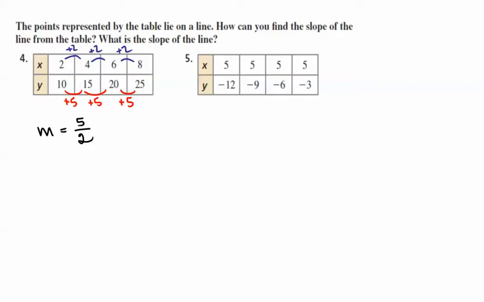Let's calculate this quickly using our formula. We'll call this x1, the last one, x2, y1, y2.